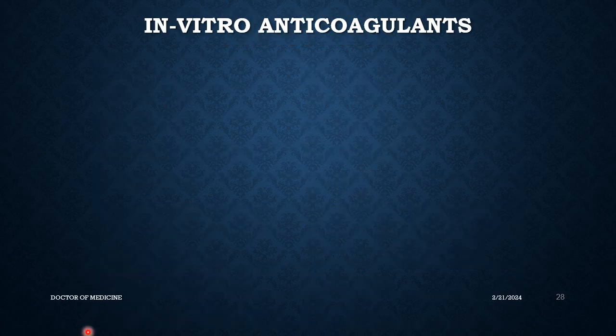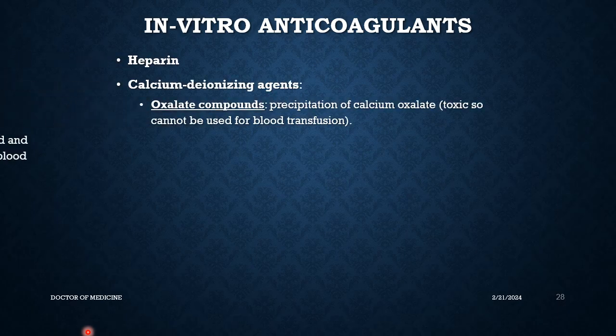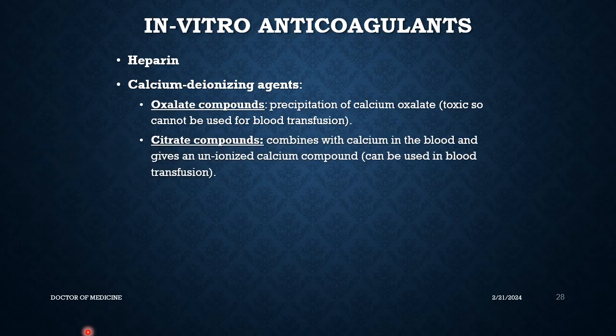So now we talk about in vitro anticoagulants. We mentioned these; this is just being explained in detail. So your calcium deionizing agents are the ones responsible for precipitation of calcium. We have oxalate compounds. For example, you may use sodium oxalate to get your calcium oxalate. It's toxic, so we do not use these for blood transfusion.